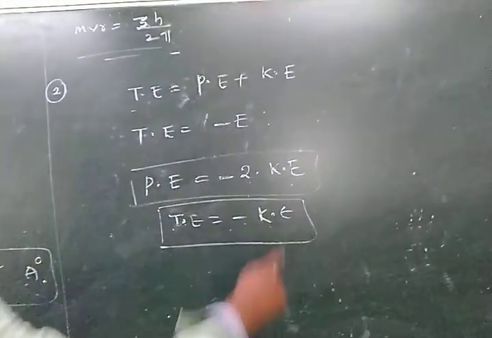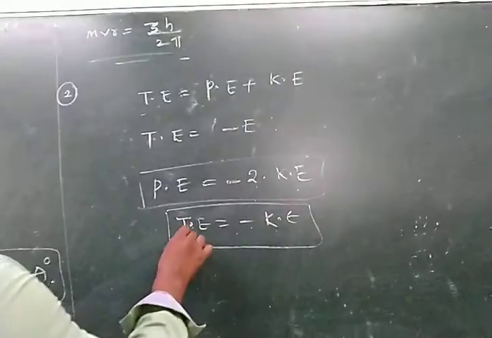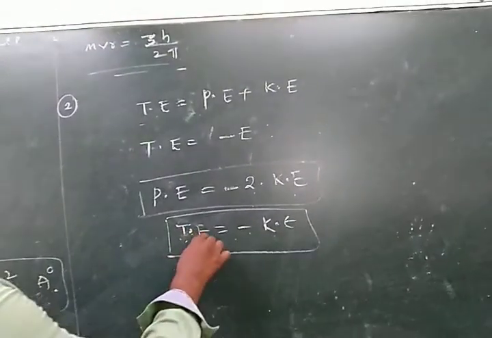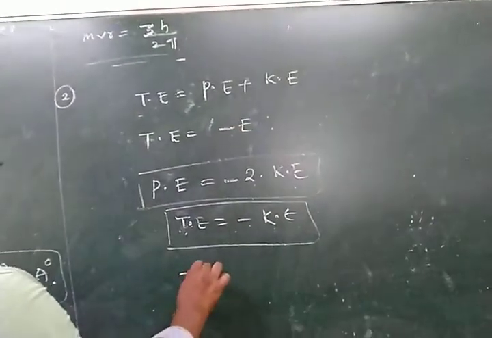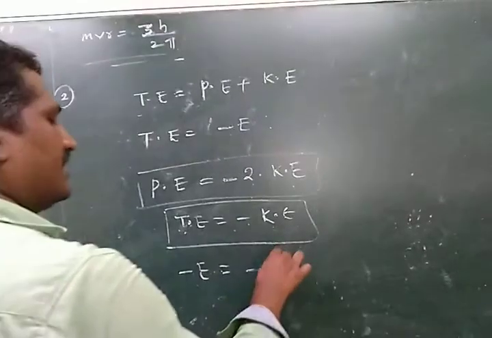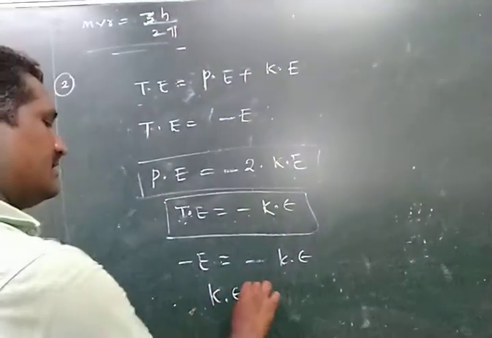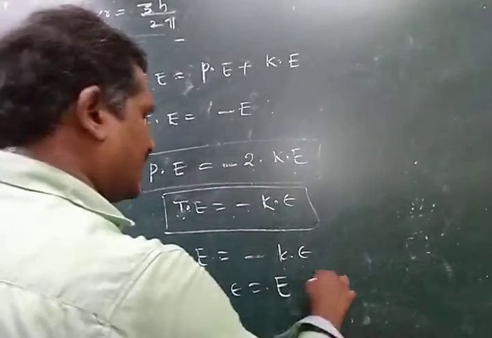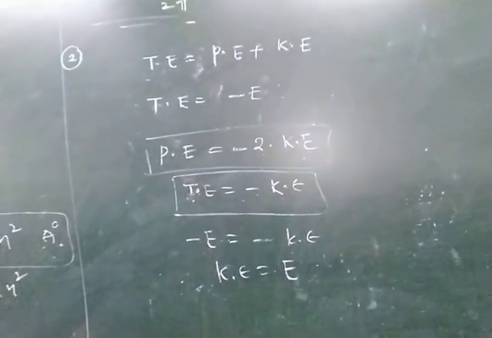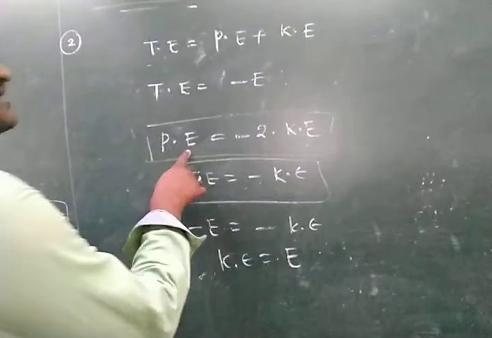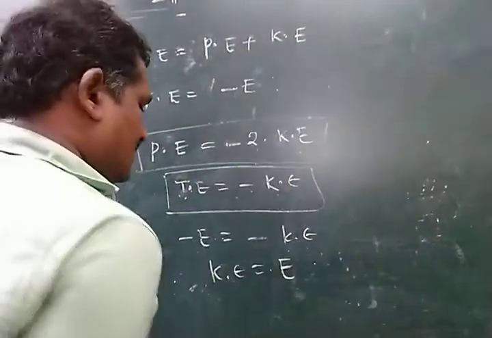Then what is the kinetic energy? If you substitute here, total energy equal to minus E, so minus E equal to minus kinetic energy. Now kinetic energy equal to E. Then what is the potential energy? Potential energy is minus 2 times kinetic energy.